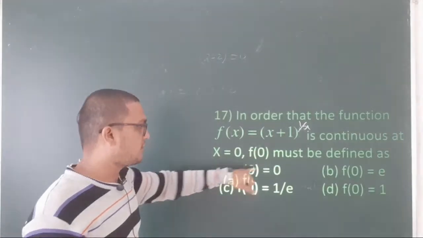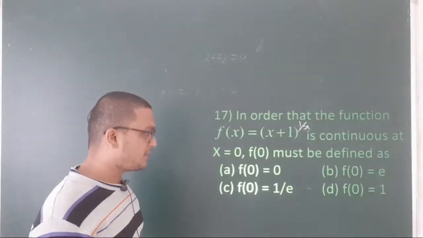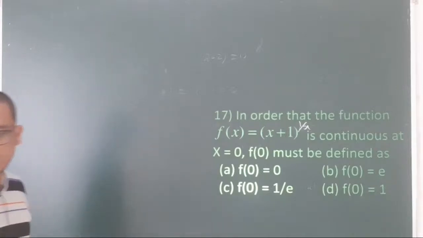The options are: f of 0 is equal to 0, f of 0 is e, f of 0 is 1 by e, f of 0 is 1.